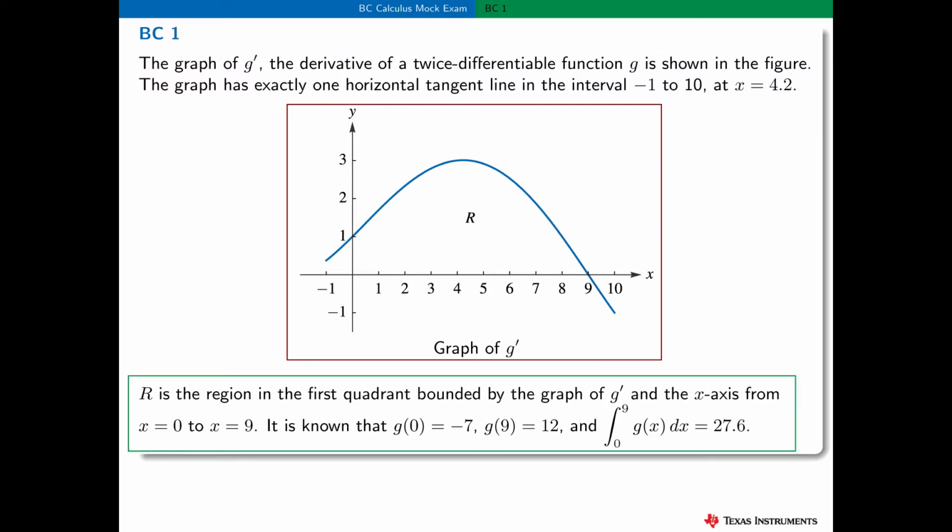The plane region R is in the first quadrant, and it's bounded above by the graph of y equals g prime of x, below by the x-axis, and on the left by the y-axis. And we also know that g of 0 is equal to -7, g of 9 is equal to 12, and the definite integral of g of x from 0 to 9 is 27.6.